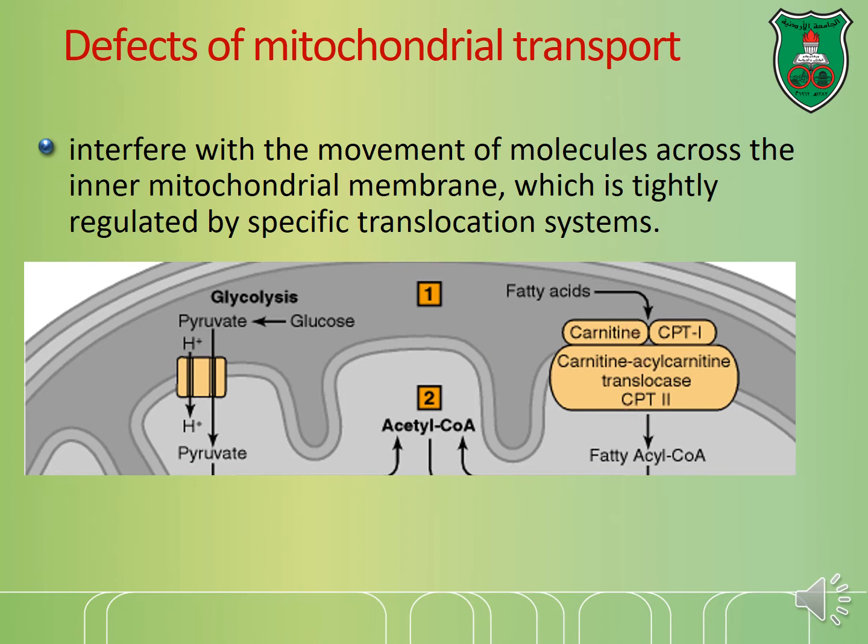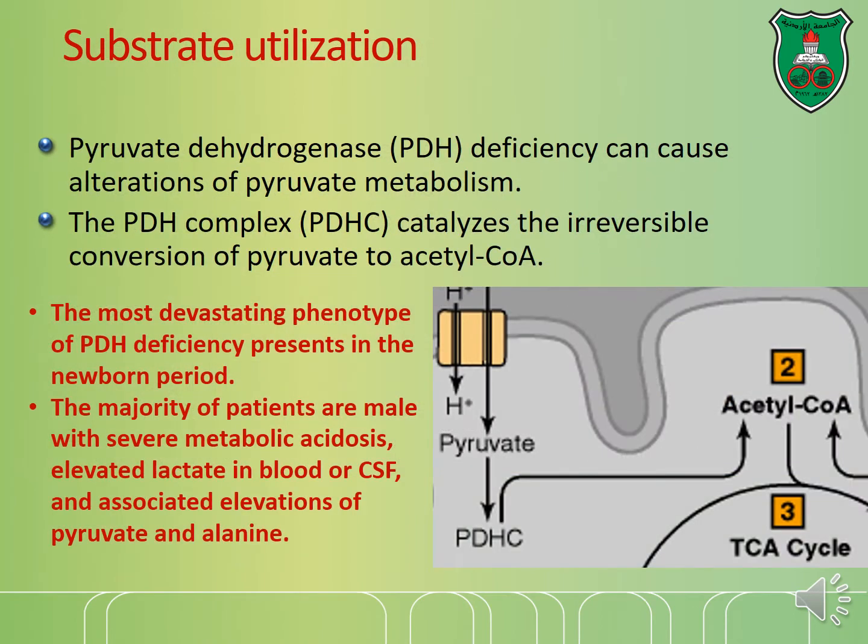Or there can be problems in substrate utilization, primarily mutations in pyruvate dehydrogenase. This is the enzyme involved in converting pyruvate into acetyl coenzyme A. It is a really devastating disease if there is no pyruvate dehydrogenase functioning.